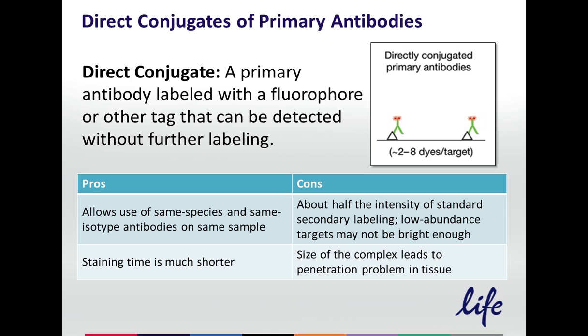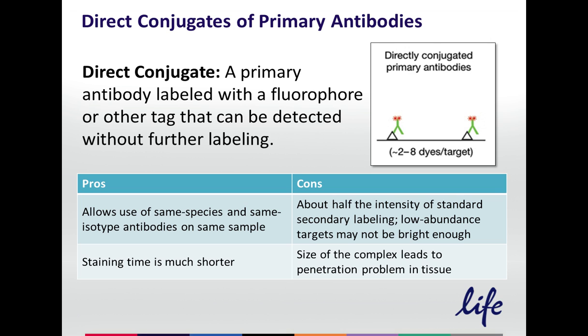The problems with these, one is that they're only about half the intensity of a standard secondary labeling. So if you're trying to detect a low-expressing antigen, you may not be able to get a very reasonable signal over the background. This is especially a problem with tissue, because tissue often has autofluorescence problems that decrease your signal to background already.